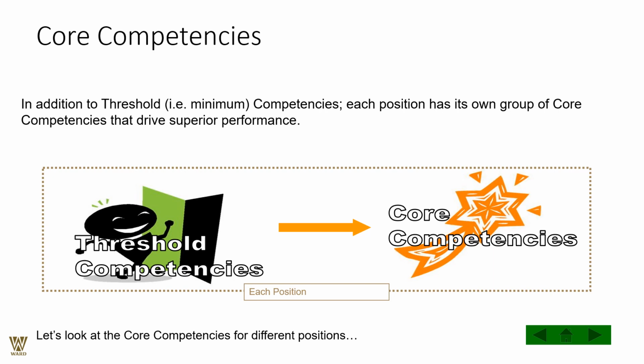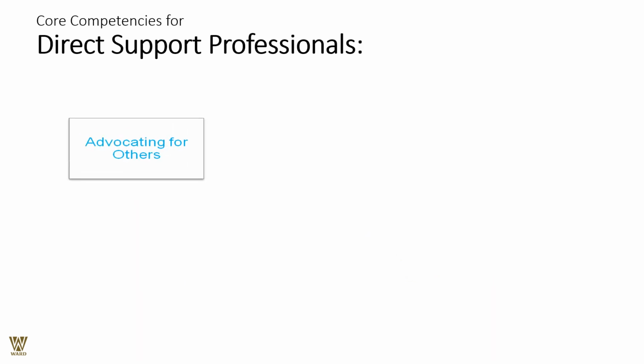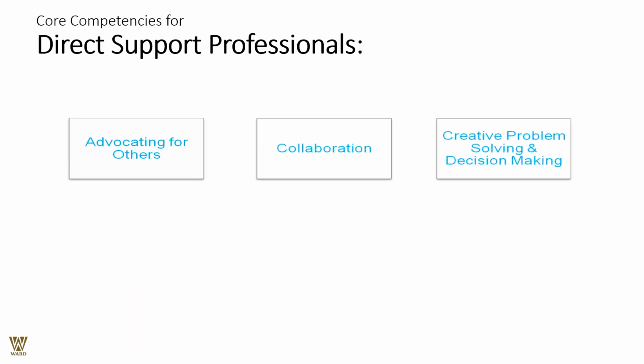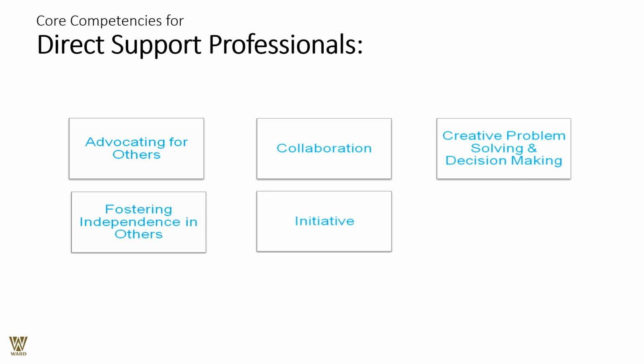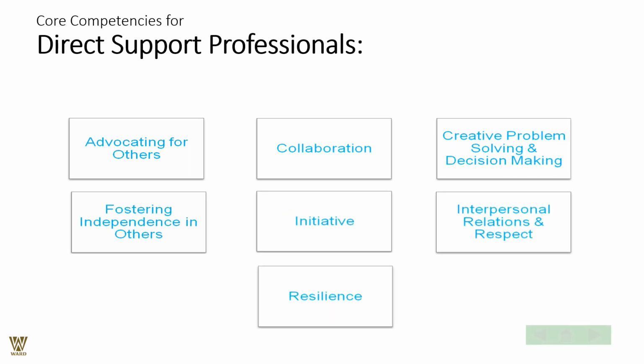So let us look at the core competence of different positions for your understanding. The audience of this video will understand what the core competence is for different positions. Let's say advocating for others, collaboration, creative problem solving, fostering independence, initiative, interpersonal relationships, resilience. Now, these are direct support professional core competencies. You should not get swept away just because somebody is making an emotional appeal.